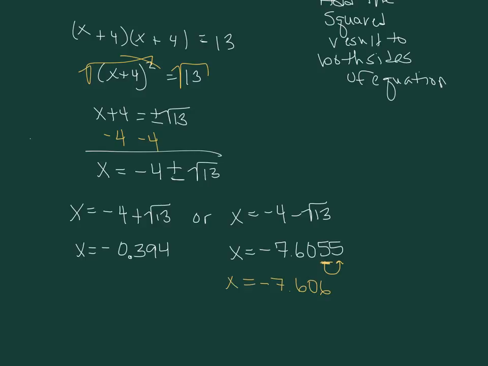Now, in the very last portion of what you're supposed to fill in on ALEKS, it says solution. What you are going to do is say negative 0.394 comma negative 7.606, because these are the two potential solutions for this problem.